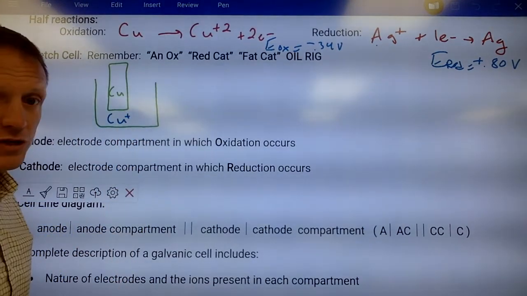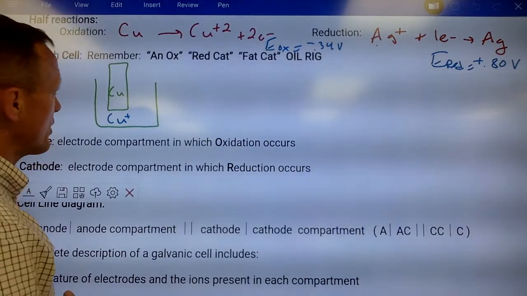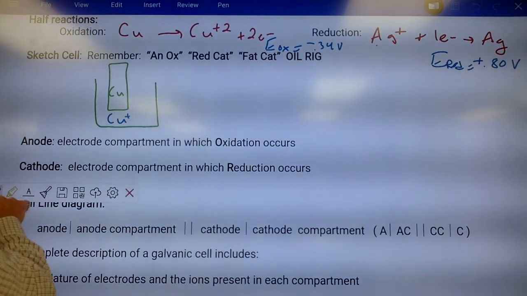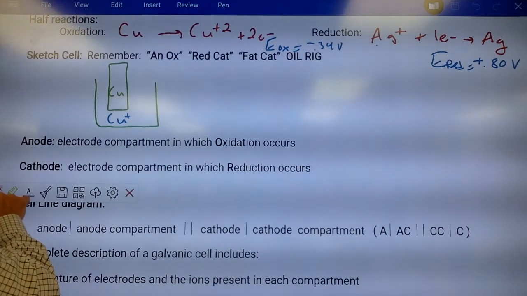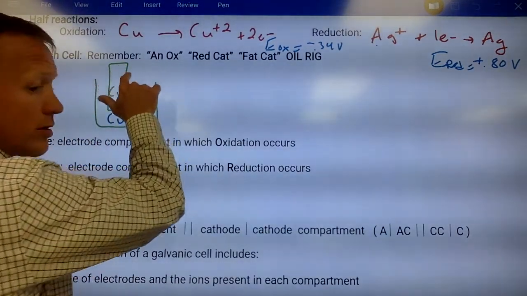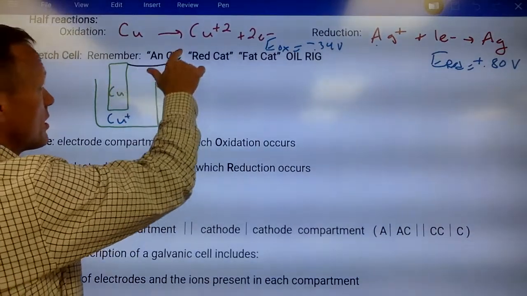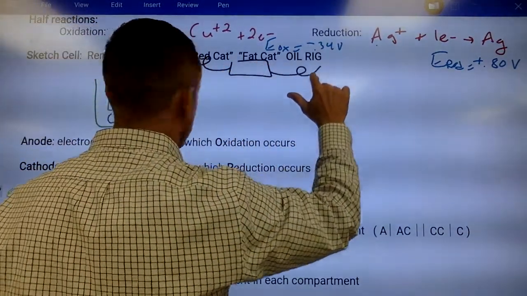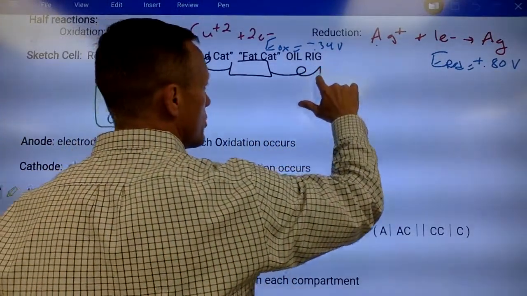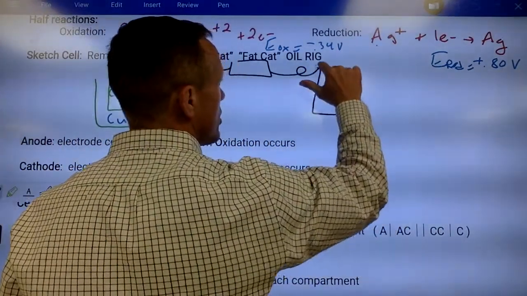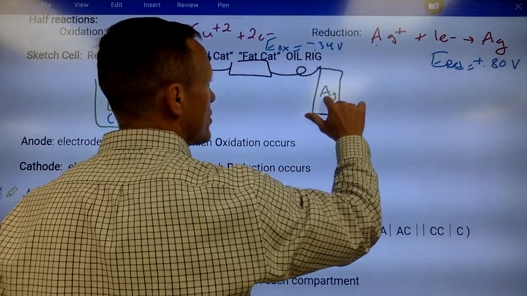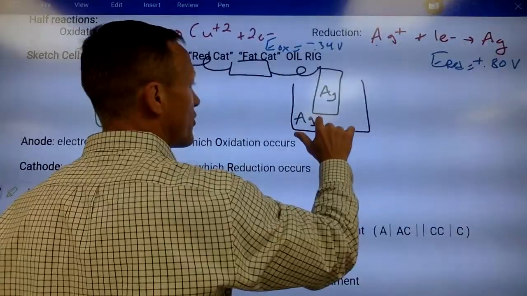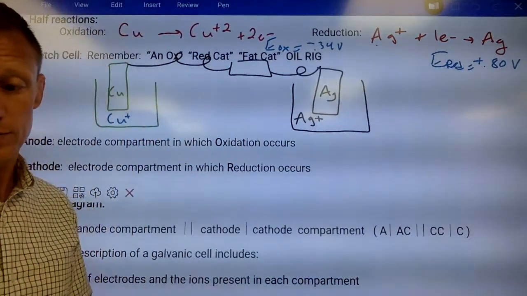It could be copper nitrate, something that has dissolved copper in it. We would have a wire connecting, with probably a voltmeter in the middle, over here to our piece of silver suspended in some silver nitrate or some kind of silver solution.